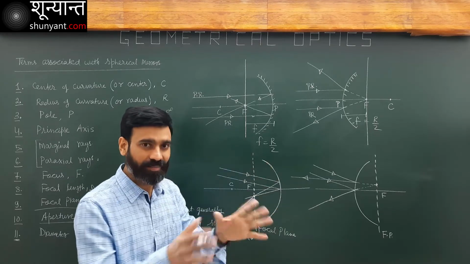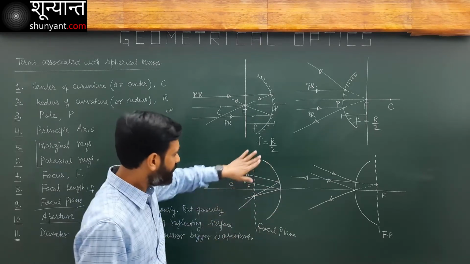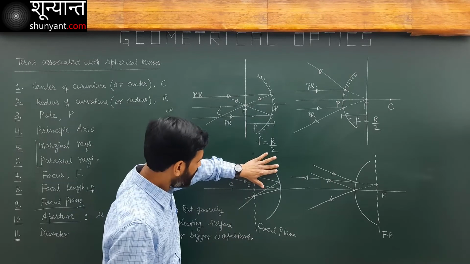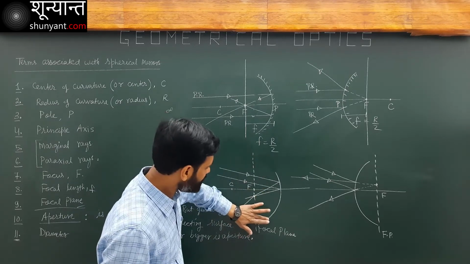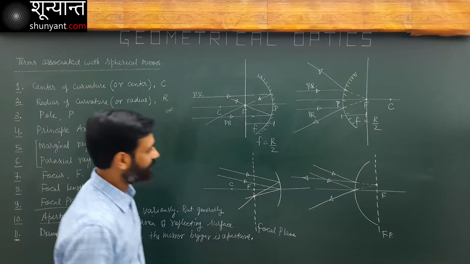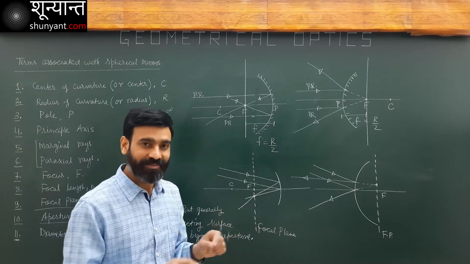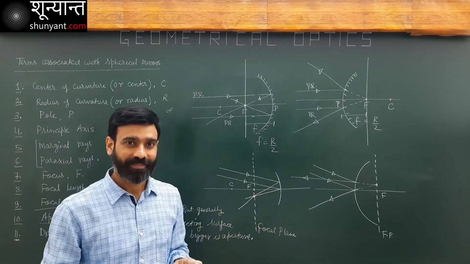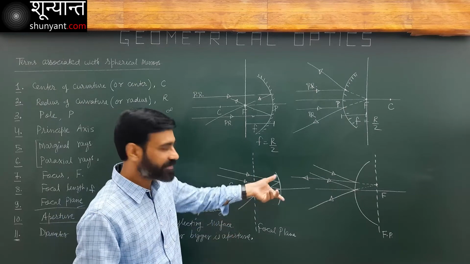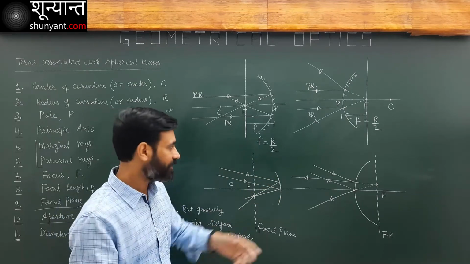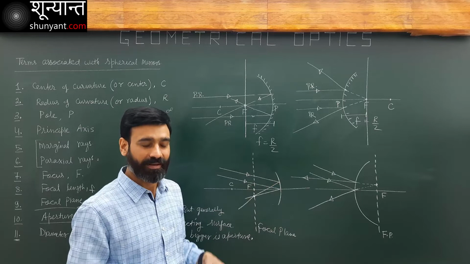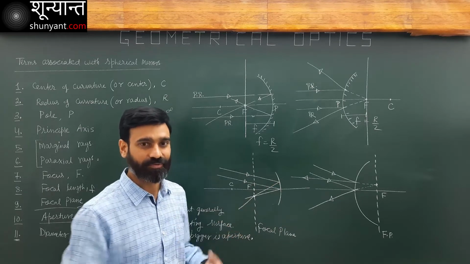It has a certain aperture. Now, if I cut some part of it, try to understand, the radius remains the same. Radius does not change, but now its size is reduced. We say that its aperture is reduced. Its reflecting surface is reduced.